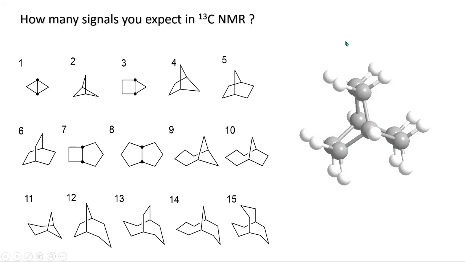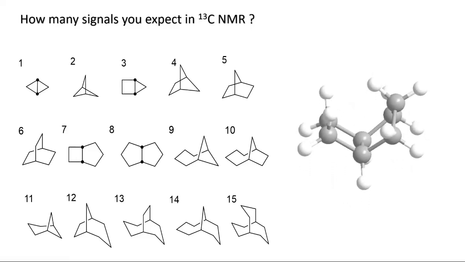So there are 2 planes of symmetry, one is this, one is this. So we will get 1, 2, because these CH2 are repeating everywhere. So we will get 1 signal for this CH2 and 1 signal for this CH. This is CH, these are all CH2. So we will get 2 signals for this molecule. Now come to the next molecule.